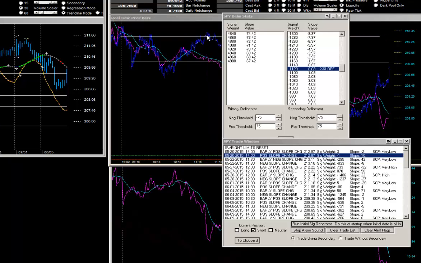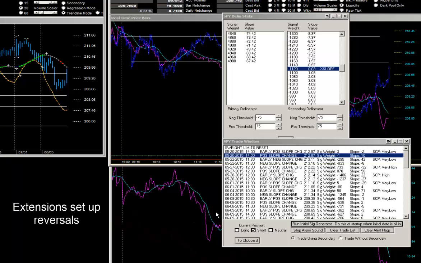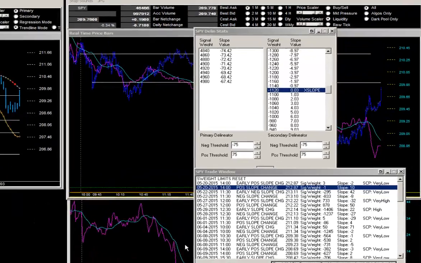As price met the old high for the day, the VXX market pressure extended down. An extension is an exhaustion indication on an accumulator, and what you would typically see occur immediately following extension is the accumulator moving back in the other direction, to reverse, and pull price with it.